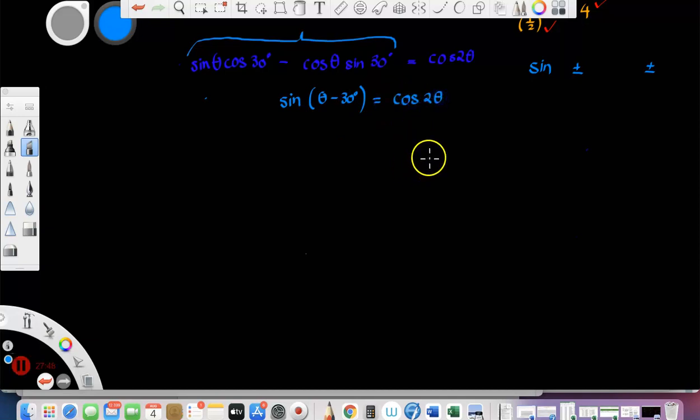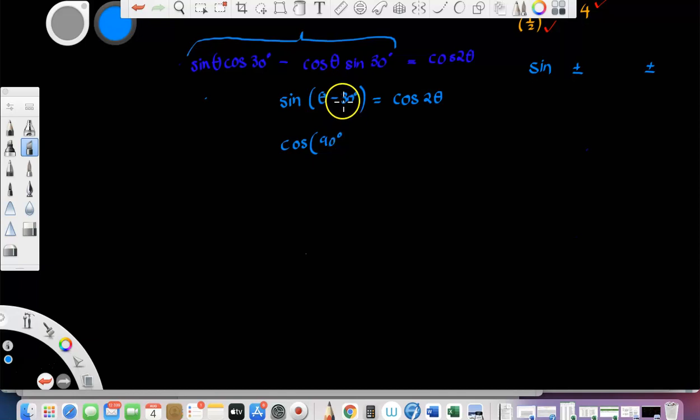Now you're going to say, but how on earth did that help me? Aren't I supposed to try and get everything to be the same angle? And yes, you are. That's how you do it. So how can I change sine into cos? Well, all you need to do to change sine into cos is take 90 degrees minus this angle that's in there.